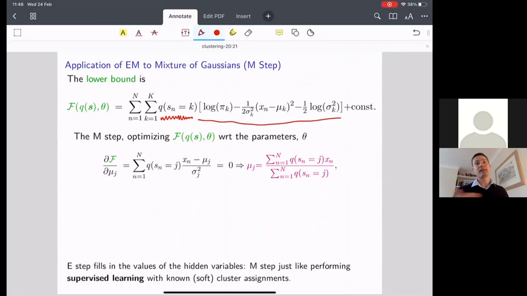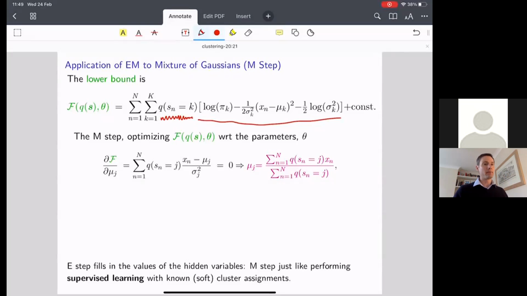And then the M-step ends up looking very much like supervised learning. It's a bit like we know which cluster each data point comes from. So I think it's a generally useful perspective. Anytime you use the EM algorithm, you can think of it as a bit like using the E-step to fill in the values of the hidden variables in a soft way.